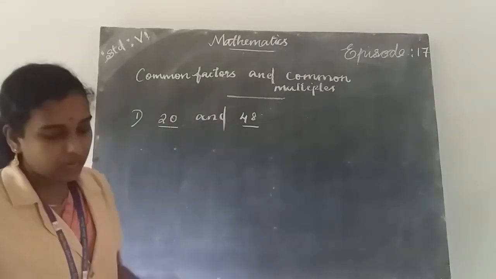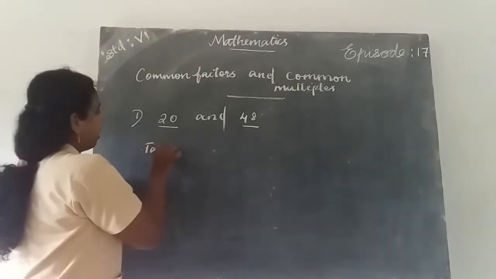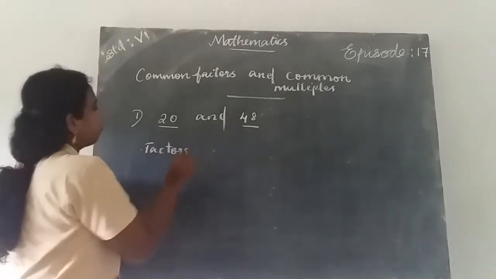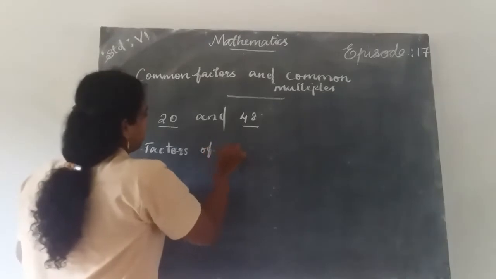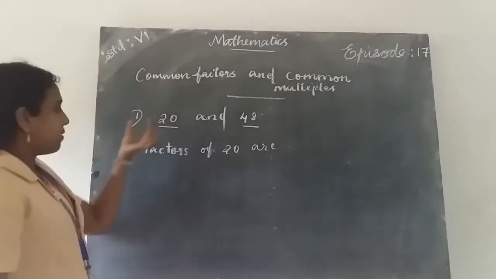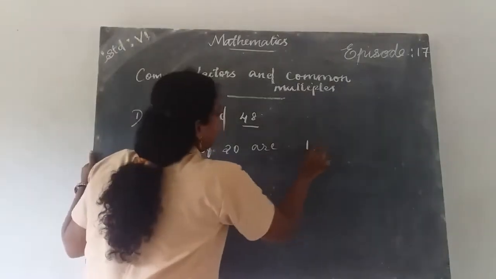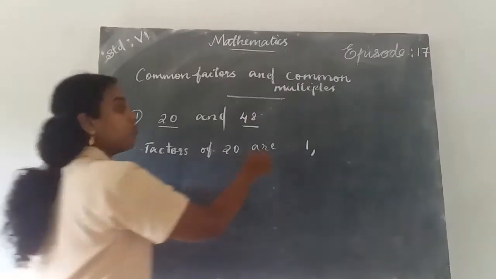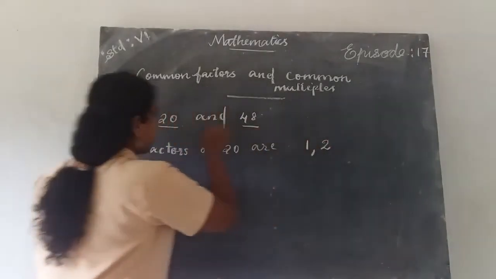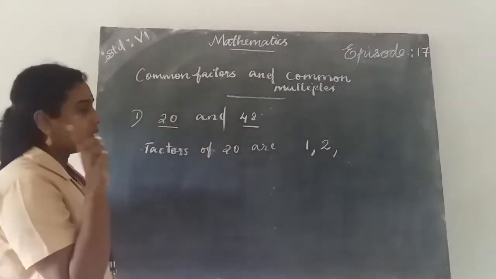Okay. So the first one is factors of 20. 20 comes under the table of 1. Then it comes under the table of 2. It is an even number, so it comes in the table of 2. Then 20 is not coming under the table of 3.